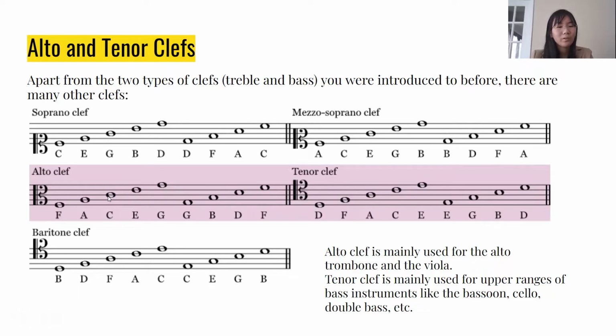The middle C in the alto clef is at the B where treble clef is usually at. But what you need to be careful about is that this is C4, middle C, instead of C5.